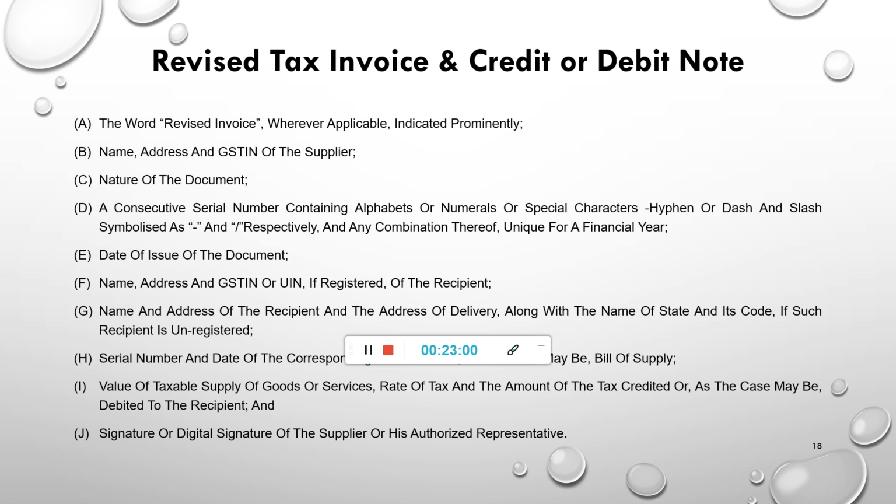It should contain the words revised invoice, whichever is applicable, and will consist of name, address, GST of the supplier, nature of document, a consecutive serial number containing alphabets, numerals or special characters, then date of issuance of document, name and address, GST, name and address of the recipient and address of delivery, then serial number and date of corresponding tax invoice, value of taxable supply of goods or services, including signature or digital signature of the supplier.